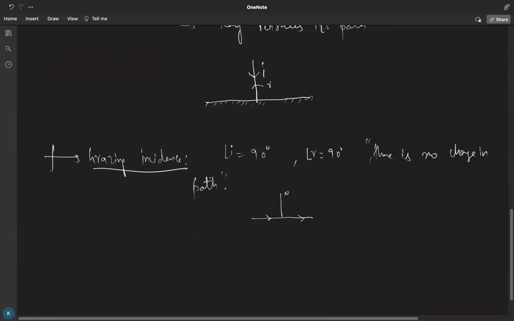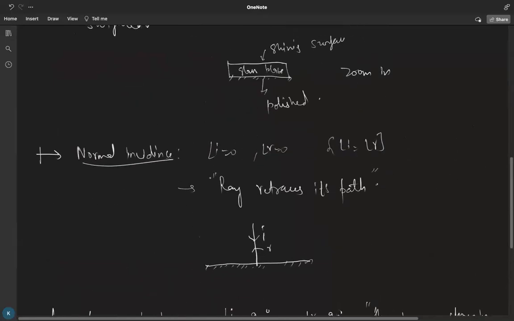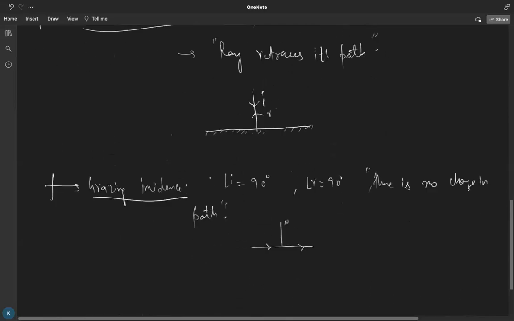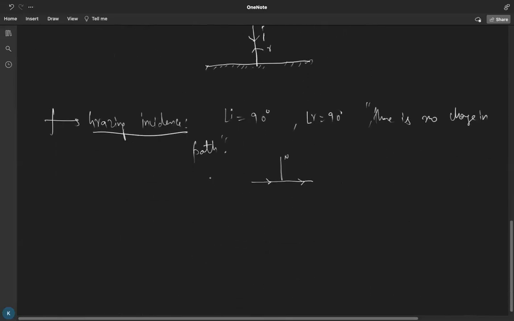So these are some special cases. If the angle of incidence and angle of reflection are equal to 0, then the ray of light retraces its path. And if the angle of incidence equals the angle of reflection equals 90 degrees, the ray of light passes without any change in path.